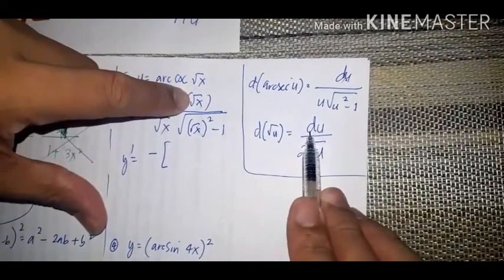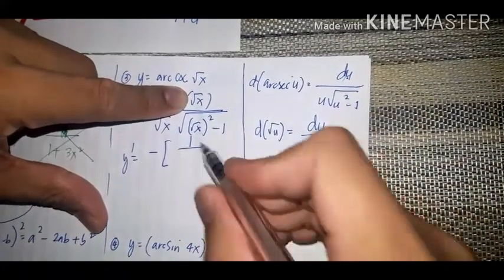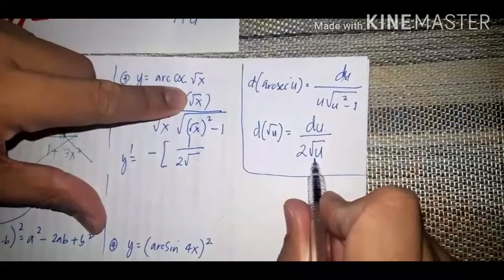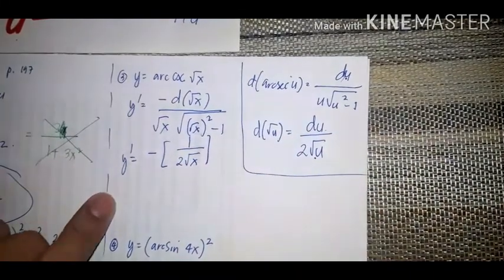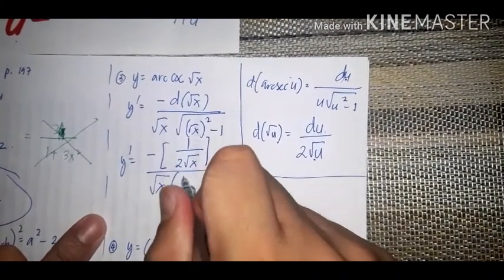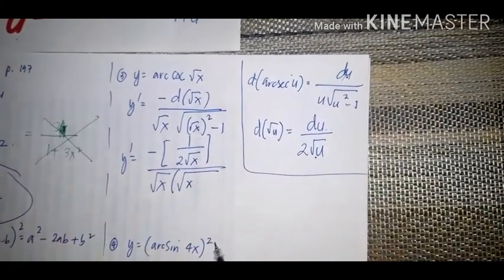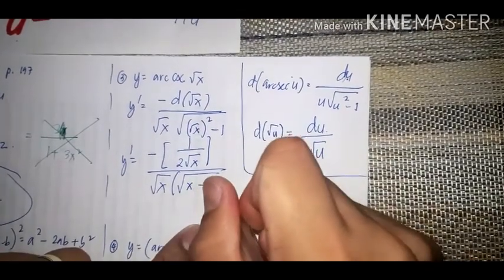So, derivative of x is 1 over 2 square root of x. So, that's the derivative of your numerator. Over square root of x times the square root of x squared, or square root of x raised to the second power is x minus 1.